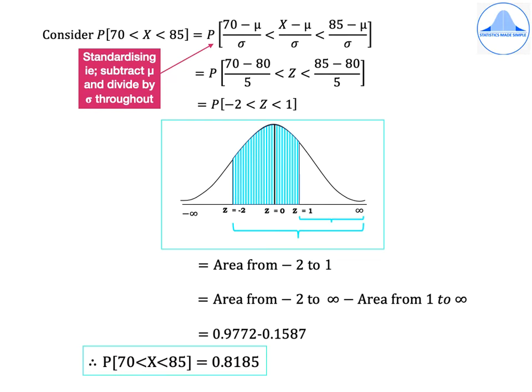So it will be equal to the larger flower bracket area minus the smaller flower bracket area. That means area from minus 2 to infinity minus area from 1 to infinity, which is equal to 0.9772 minus 0.1587. You can get these from the statistical tables. Therefore, probability of 70 less than x less than 85 is equal to 0.8185.